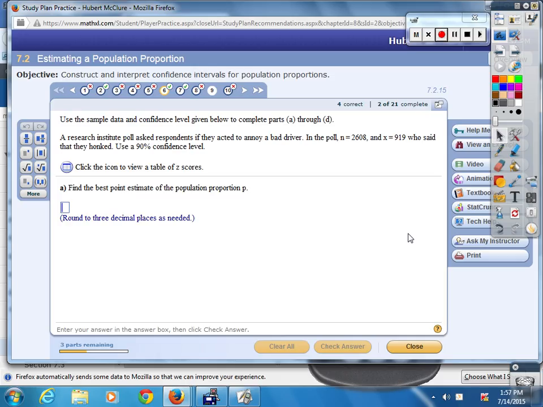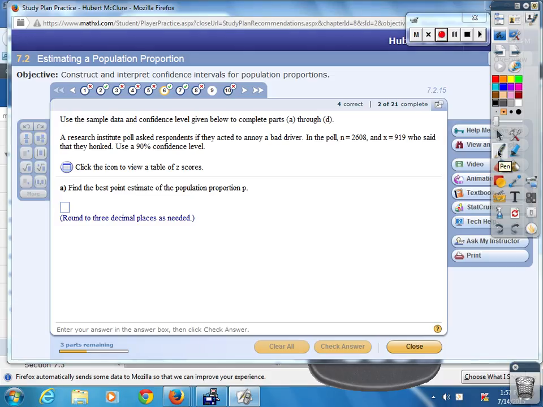Okay, so this is the same type problem. And Z sub alpha over 2 for a 90% confidence level is equal to what? 1.65. Everybody got that?